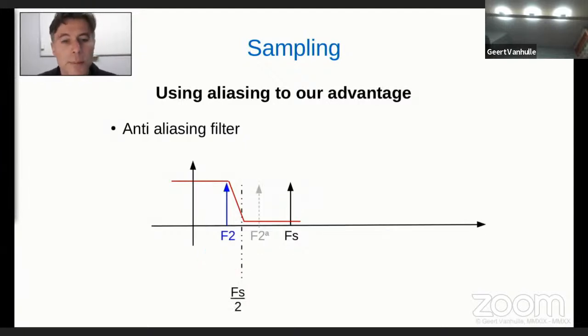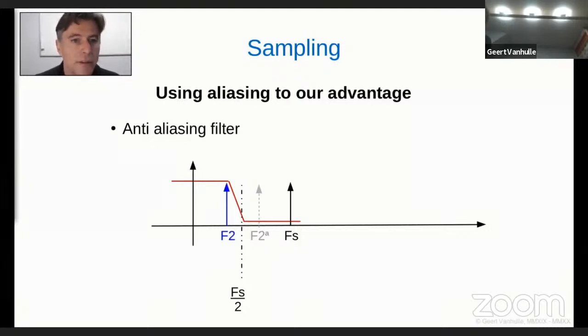Now, there's a second possibility of aliasing frequencies. We can have a frequency that is actually lower than the sampling frequency, but is also projected into a lower frequency due to this aliasing effect. And any frequency above half of the sampling frequency has this effect.